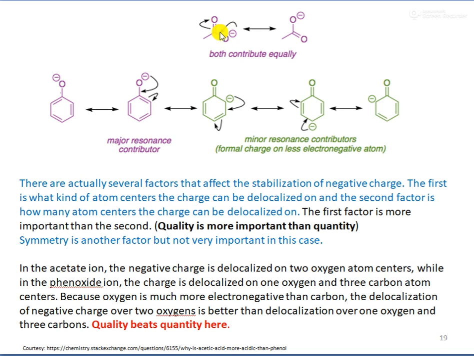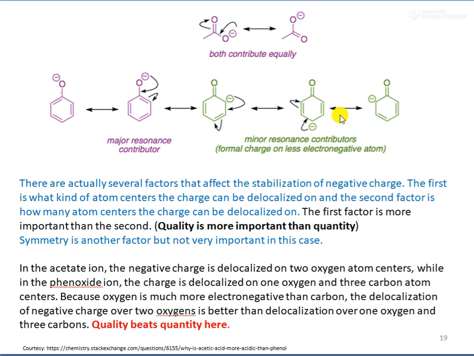This O minus can shift here and this oxygen can acquire the negative charge in the resonance structure. This is the resulting structure. Whether it is the first oxygen or the second oxygen that has the negative charge, the delocalization is very smooth. So these two structures will contribute equally.